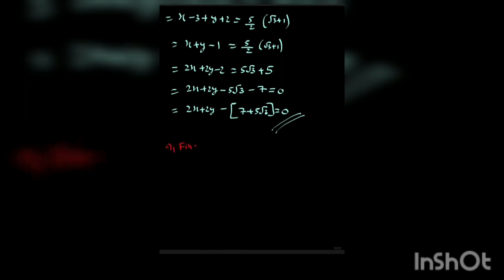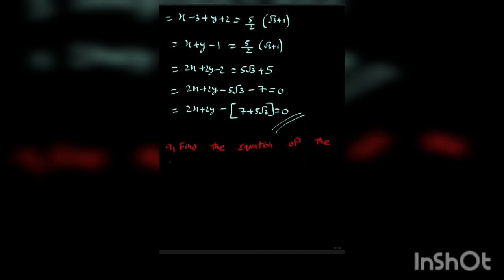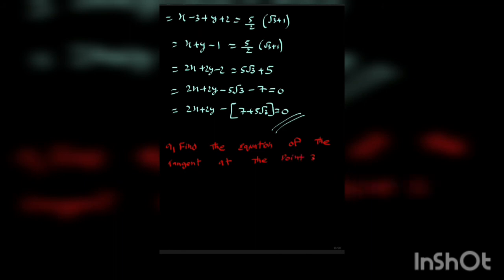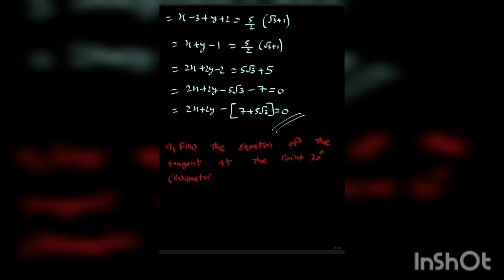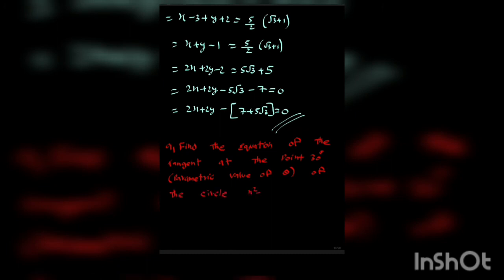Find the equation of the tangent at the point 30 degrees, parametric value of theta, of the circle x square plus y square plus 4x plus 6y minus 39 is equal to 0.